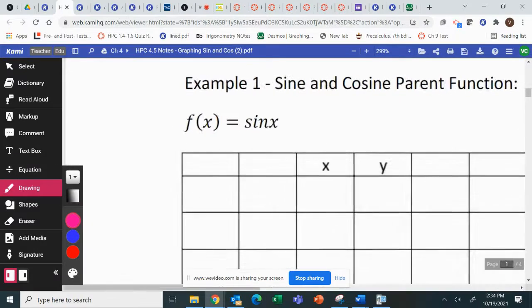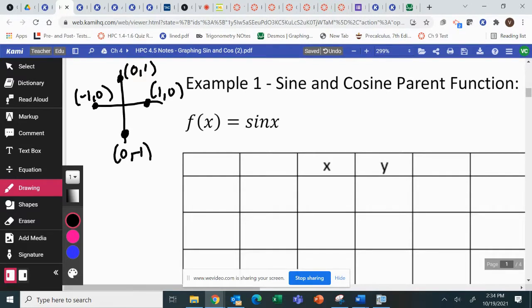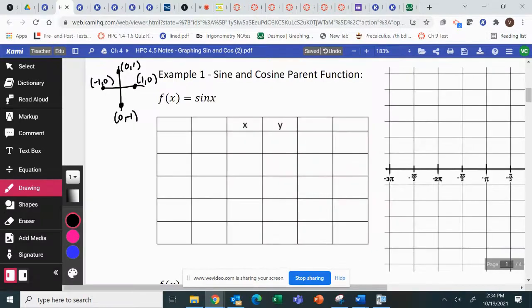So what I suggest is if you do not know all your values of sine, the first thing you do is write the ordered pairs for the unit circle on the x and y axes. So 1, 0, 0, 1, negative 1, 0, 0, negative 1. My x values are going to be the input.